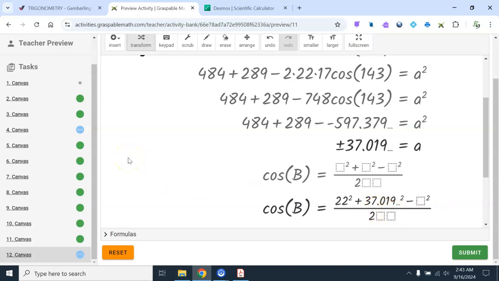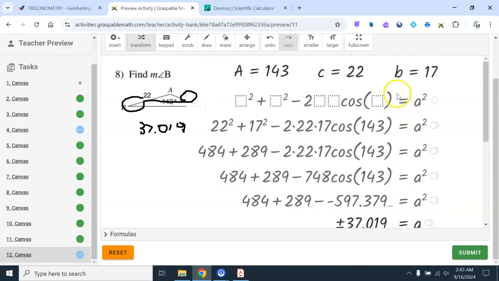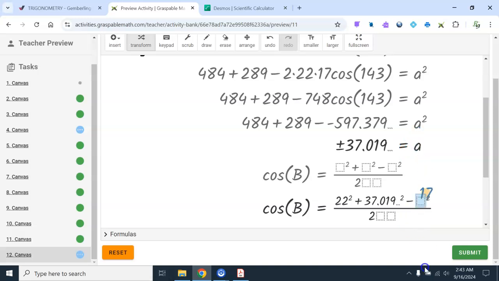I want the one with the positive over minus the 17. So 22 squared plus 37.019 squared minus 17 squared, all over 2 times 22 times 37.019.